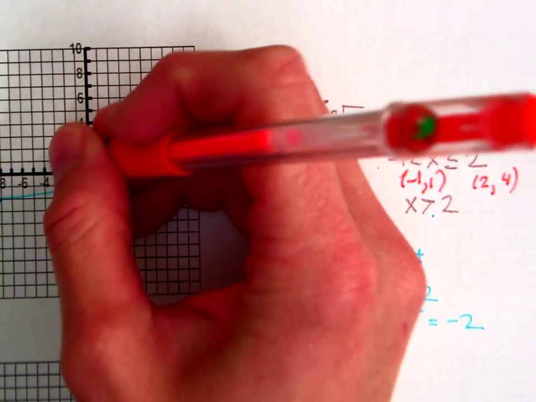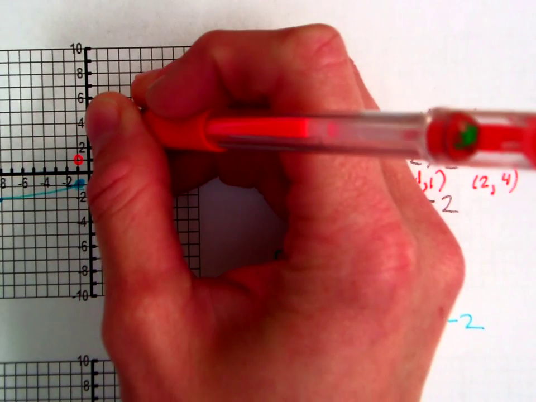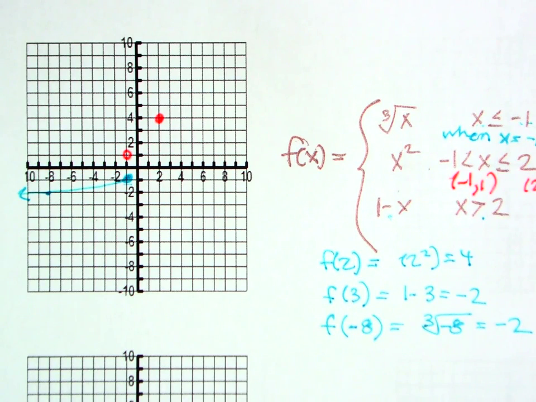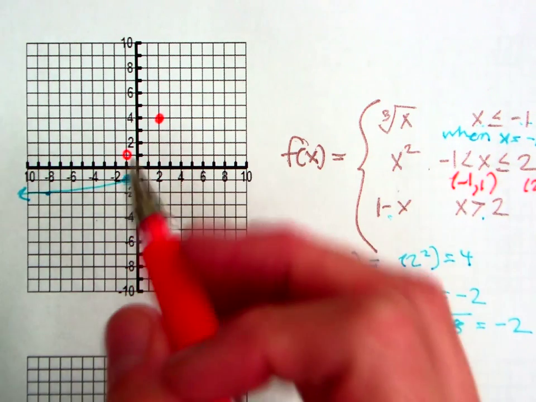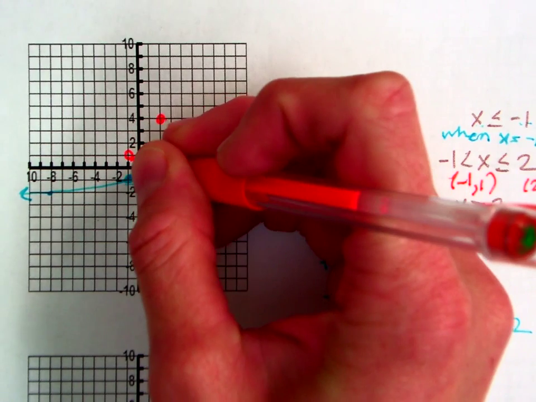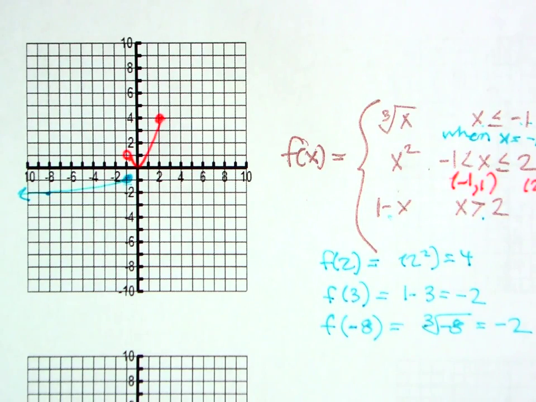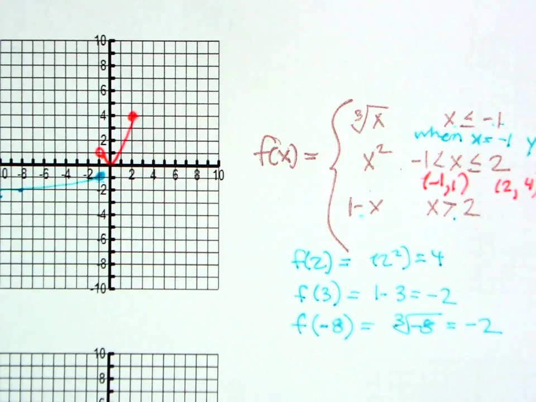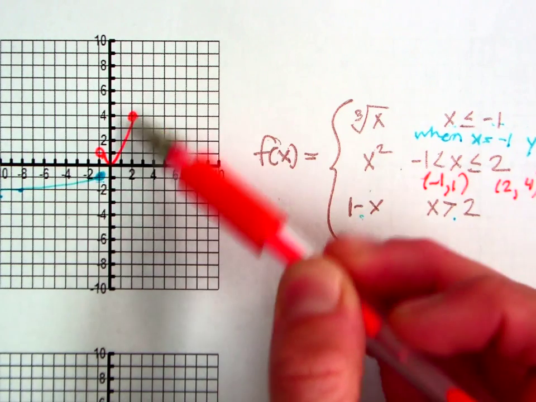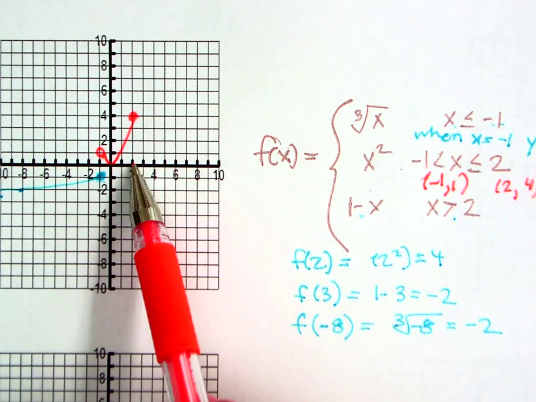So this would be an open circle, and this would be a closed circle. Now I might be tempted to just connect the dots. However, we know that x squared hits 0 and comes back up. So this is a piece of x squared. If you think about x squared, it would be this whole thing. We're cutting it off between negative 1 and 2.